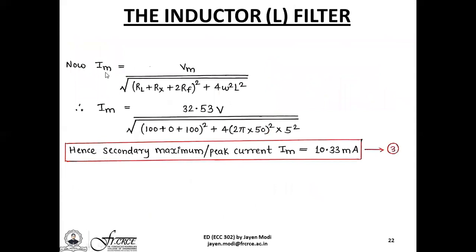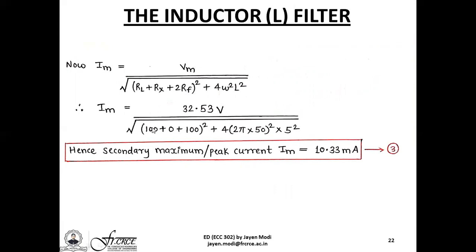The maximum or the peak current at the secondary is again obtained by the equation Im is equal to Vm divided by square root of the first term (RL plus Rx plus 2 Rf) the whole square plus 4 omega square L square. So if we put in the values of each and every term, we get Im is equal to 32.53 volts divided by square root.